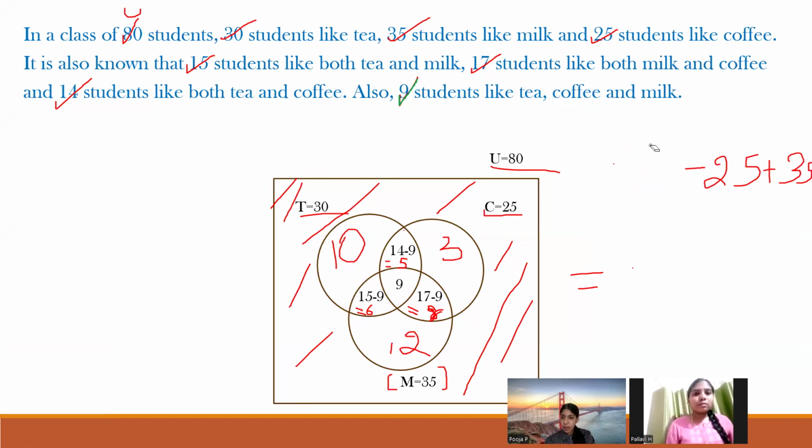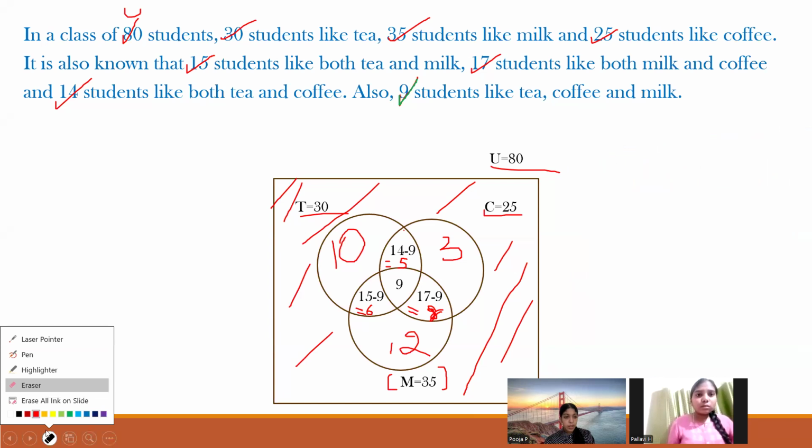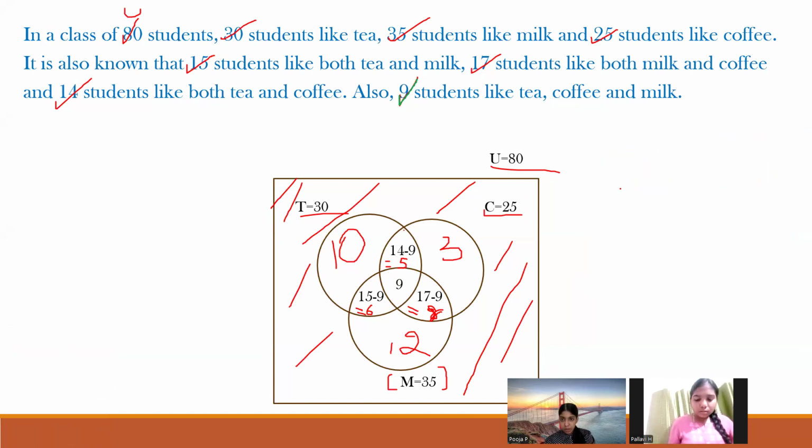If we had to actually calculate it, then it is, starting with 9 plus 6 plus 5 plus 8 plus 10 plus 3 plus 12.